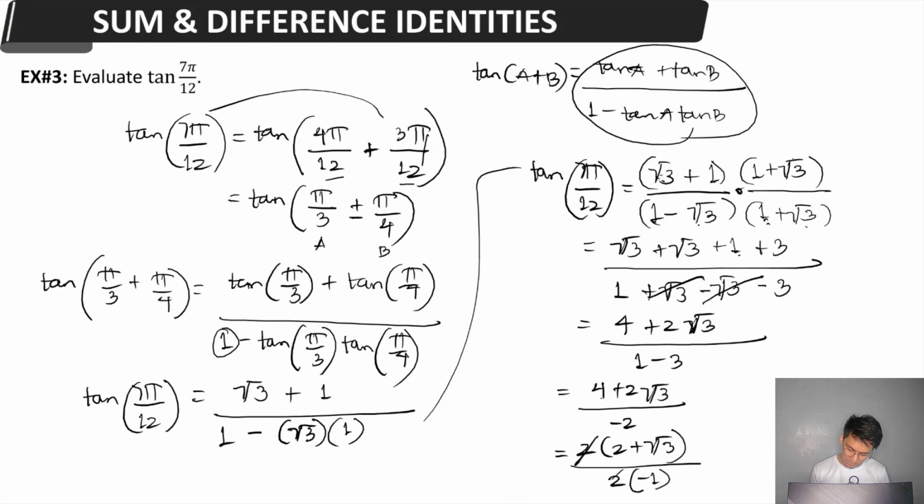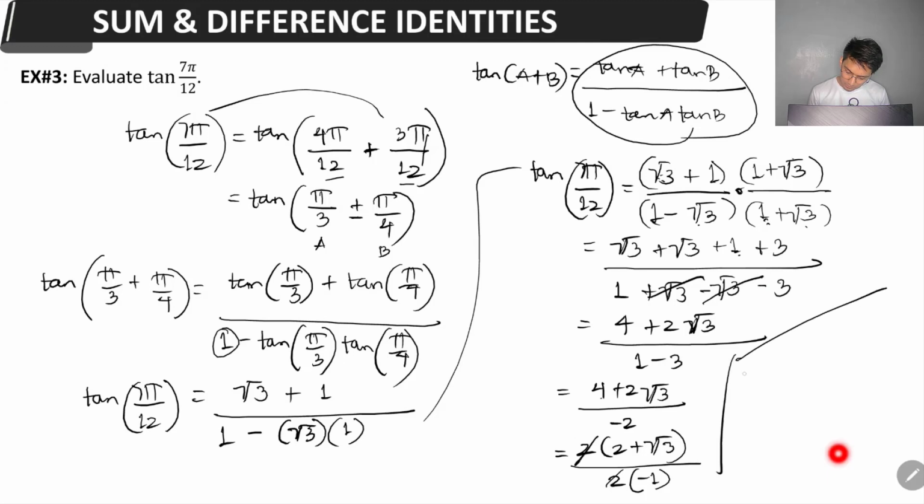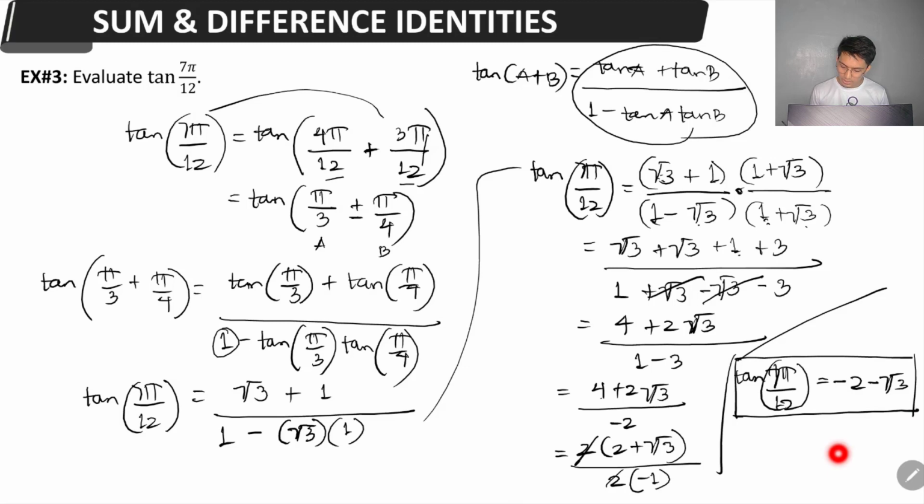Para makancel natin ito, and matitira na lang sa atin, finally, lagay na natin dito, tangent 7 pi over 12 is equal to negative 2 minus square root of 3. So, this is the answer for tangent 7 pi over 12. This is example number 3.